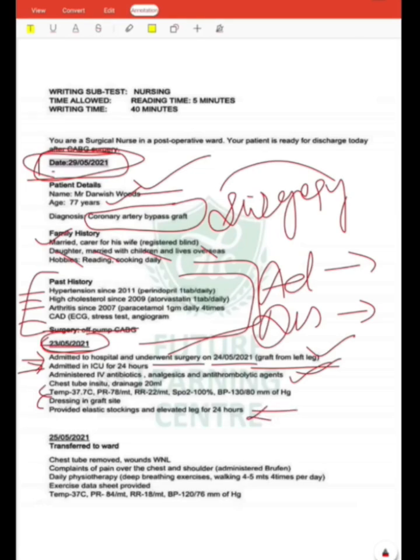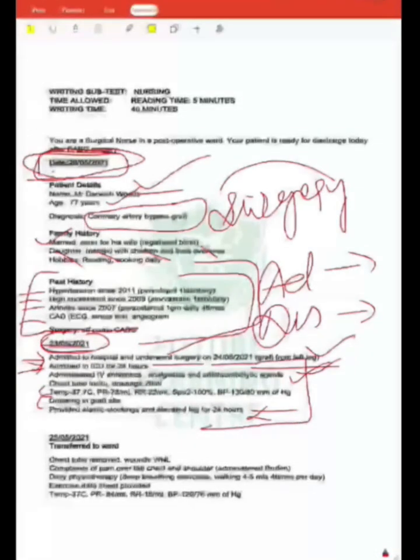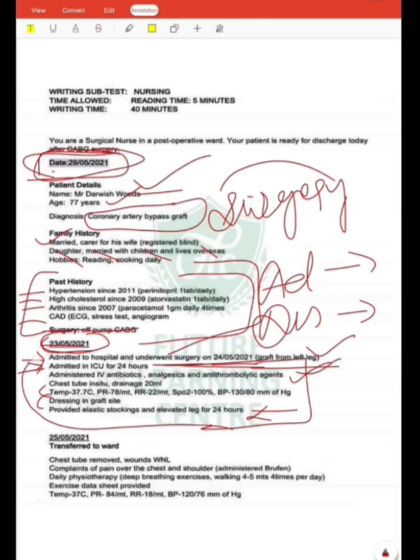But swelling is not given, so we will not write it down, though we have understood why the leg was elevated. So 23 was admission date, 24 was surgery date, and he was in ICU for 24 hours, and everything they did in ICU was given in this paragraph.